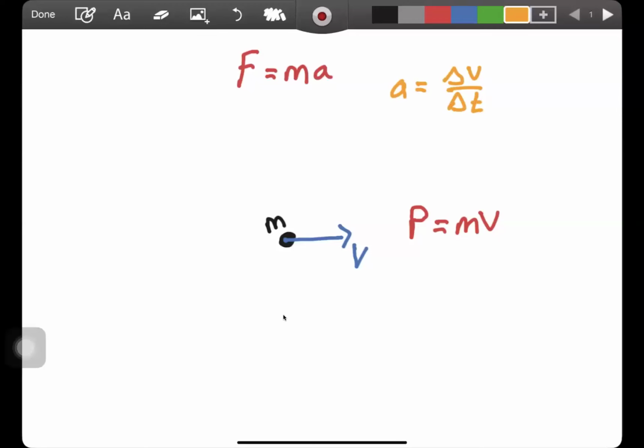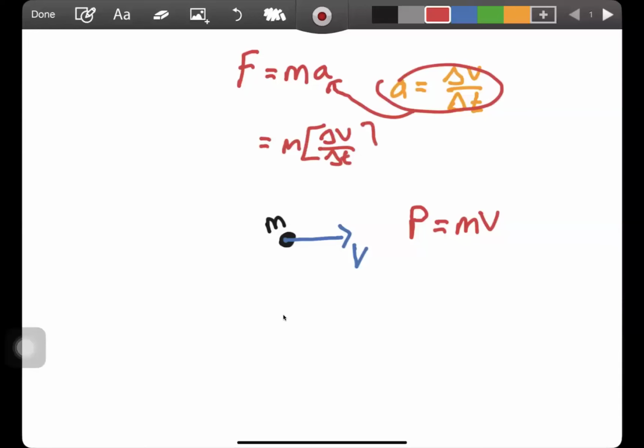It's how much the velocity changes over time. Okay. So what I'm going to do is I'm going to take this relationship and plug it right here. So force can also be thought of as mass times delta v over delta t.